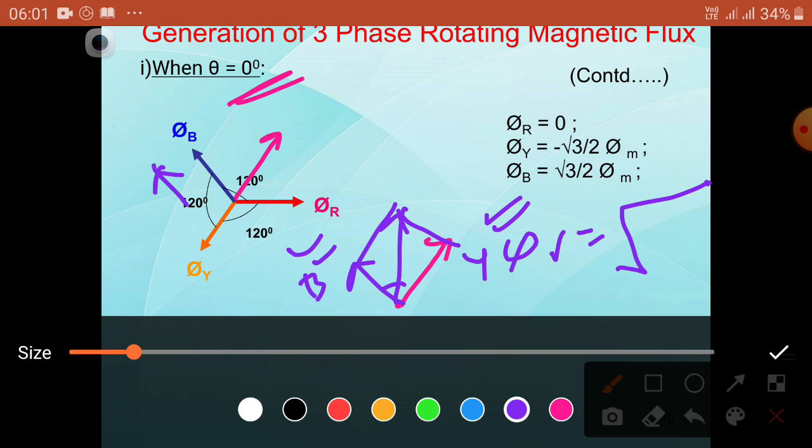As you know, this is the formula. That is, phi y whole square plus phi b whole square plus 2 into phi y phi b cos theta. By substituting these values, you are going to get the resultant phi r. So what is the phi r we are going to get?